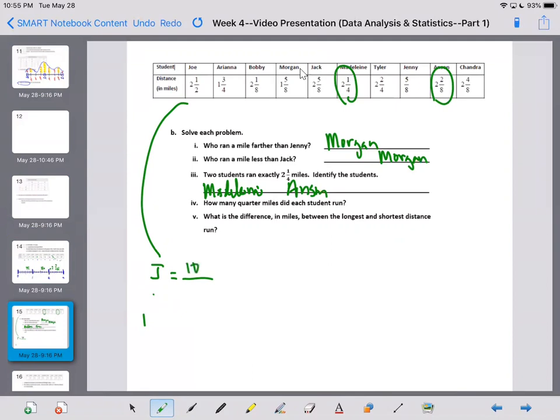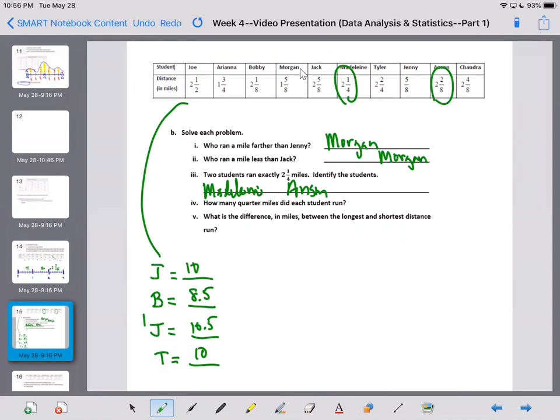Bobby ran 8 1/2 quarter miles. Jack would run 10 1/2 quarter miles. And Tyler would run 10 quarter miles, same as Joe.